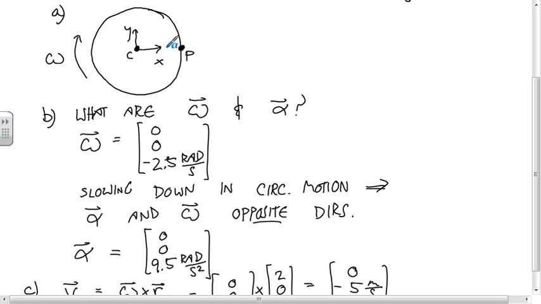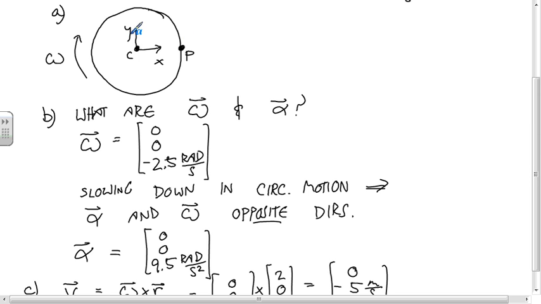The centripetal is the easy one. That doesn't depend on direction or anything. That's just always pointing towards the center. So there's going to be some component of the acceleration going from P towards C, right? Then the other component is tangential, and that depends on what kind of acceleration is happening, what's the direction of motion.